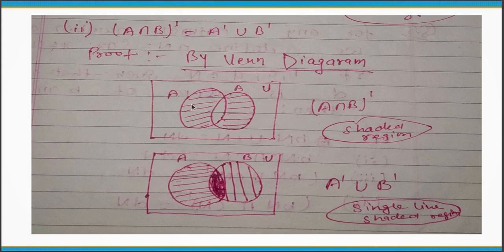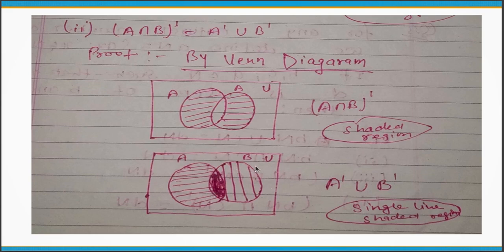Now A intersection B complement, A complement union B complement. A intersection B complement, this is the complement, shaded by A intersection B complement, shaded by line, shaded region line. This is the complement.